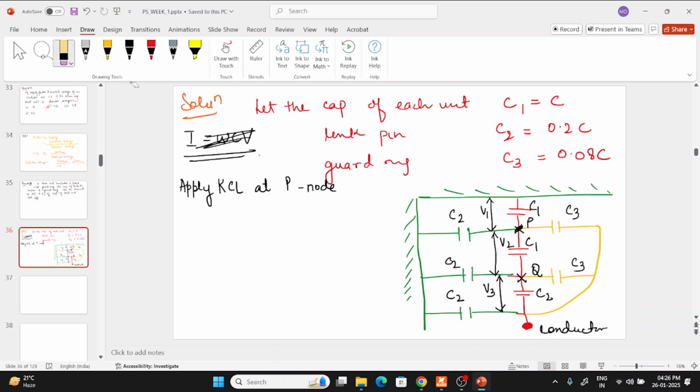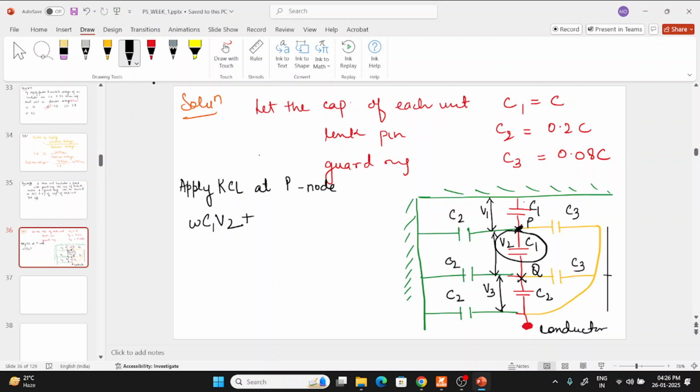So just a second. If we apply the Kirchhoff's current law at P, so omega C1 V2, omega C1, for this the voltage across is V2. Okay? For this across C1 it is the voltage V2, plus C3. Now for C3, the voltage will be V2 plus V3.